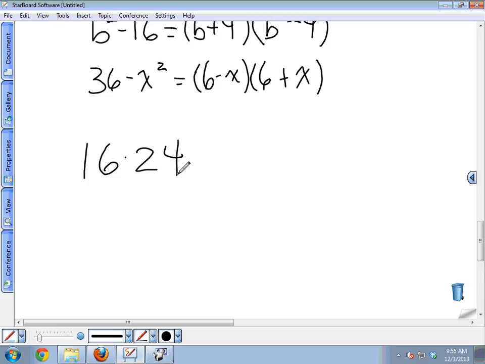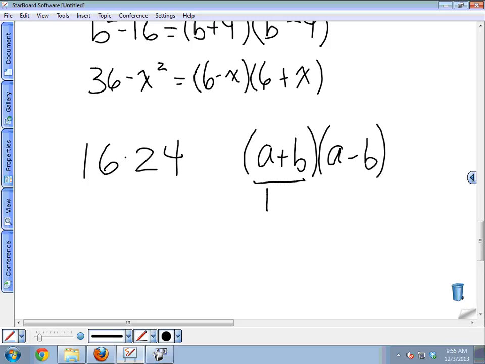So what I really want is this product to be represented using the pattern a plus b times a minus b. So we want something plus another number equal to 16, and the same something, a, minus the b to equal 24, okay?